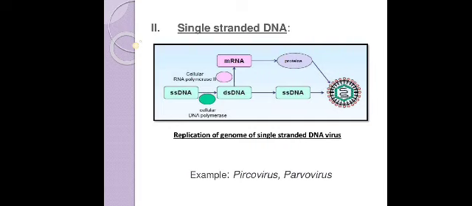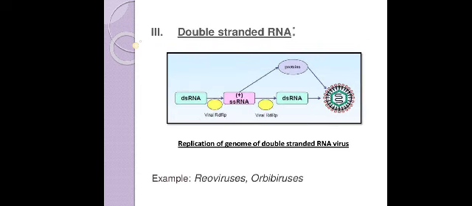This mRNA forms a protein, and this double stranded DNA is converted into single stranded DNA. This single stranded DNA is the genetic material, and together with the protein produced it is assembled to form a single stranded DNA virus. Examples are Circovirus and Parvovirus.